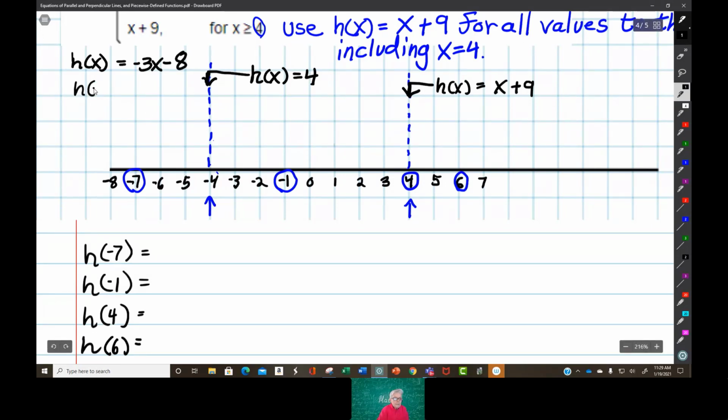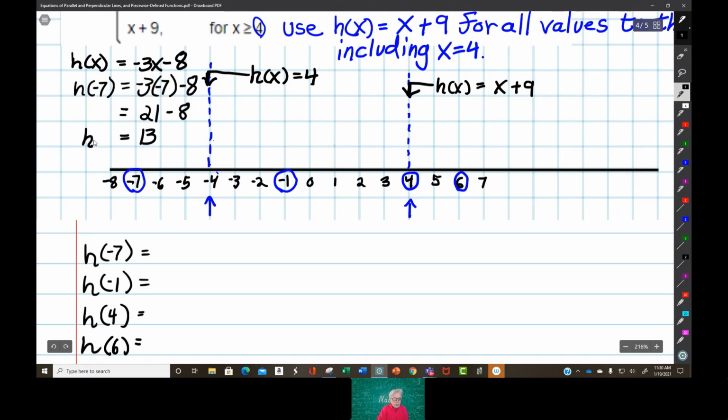So h of negative 7 equals negative 3 times negative 7 minus 8. So negative 3 times negative 7 is positive 21 minus 8. So that's going to be 13.